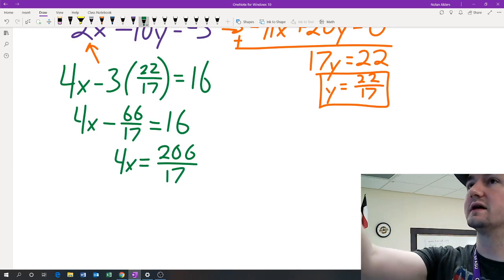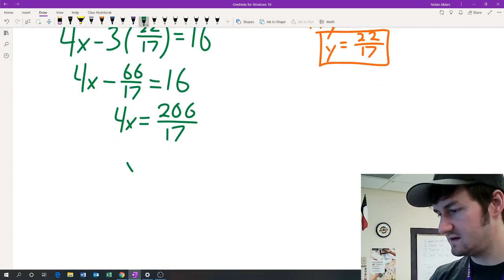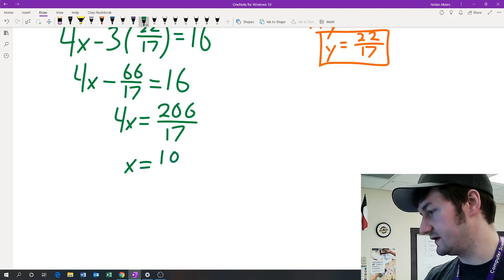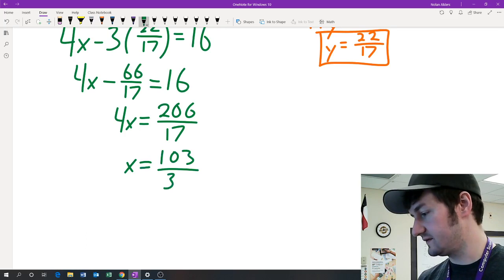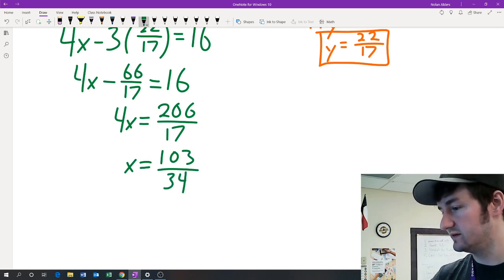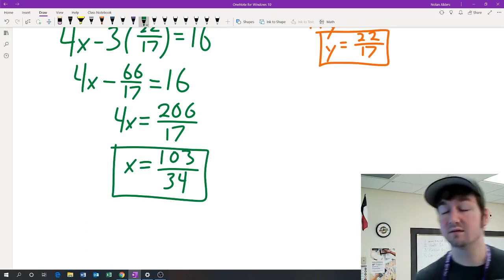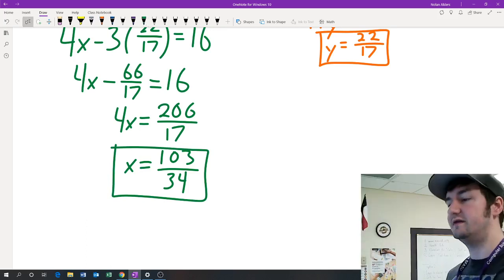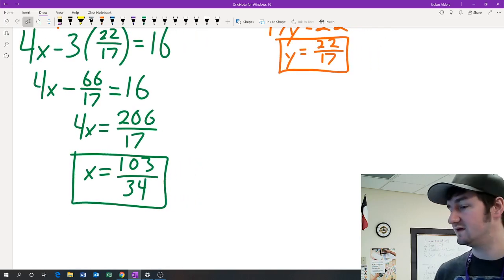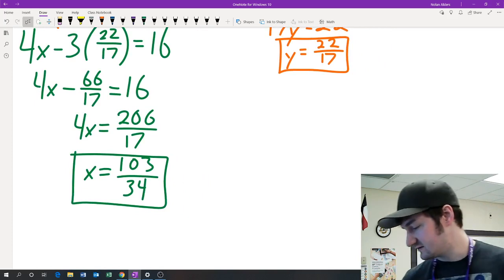So our final answer here will be 103 over 34. I think in simplest form, that's what we get. So a little bit of fractions there, but feel free to use your calculator to make that a little bit easier. So our two answers you can see here are going to be 22 over 17 for our y and 103 over 34 for our x.